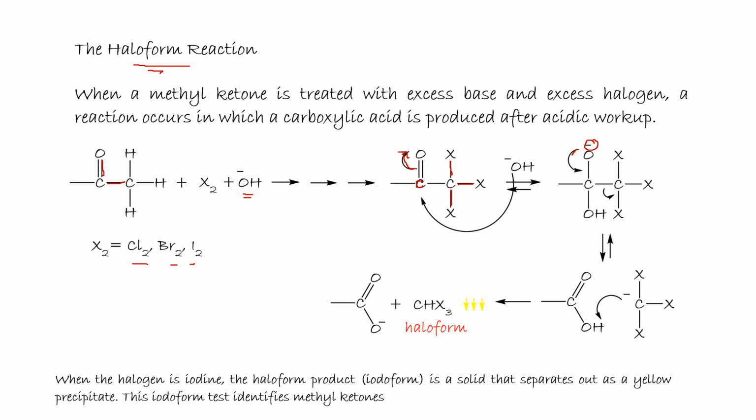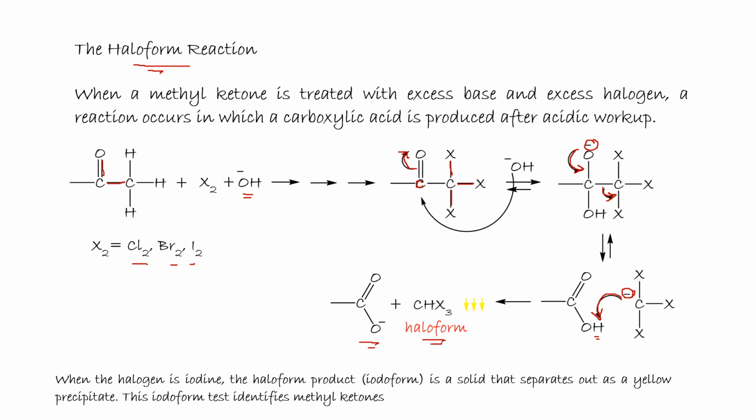The oxygen lone pair will go back, forming the double bond, kicking the CX3 minus species out, stabilized again by the electron withdrawing effect of the halogens, which will abstract hydrogen from the COOH to form the carboxylate and haloform.